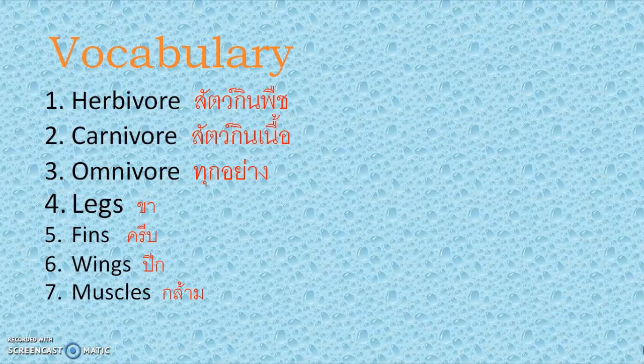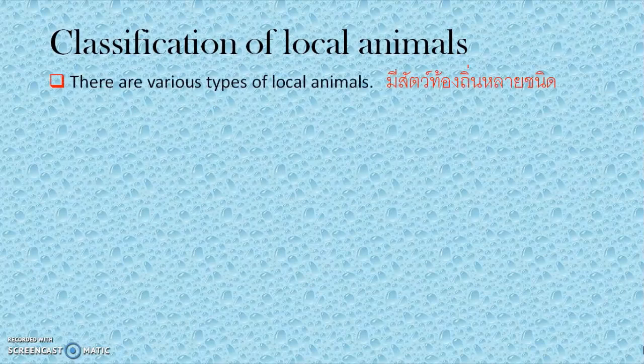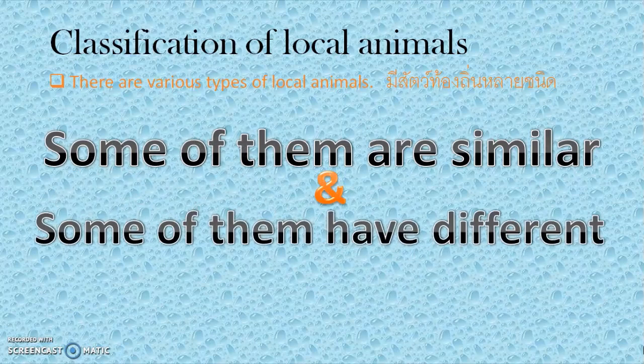Okay, so now, what is classification of animals? There are various types of local animals. So what are those various types of local animals? Some of them are similar and some of them are different. So what are the similarities and the differences?